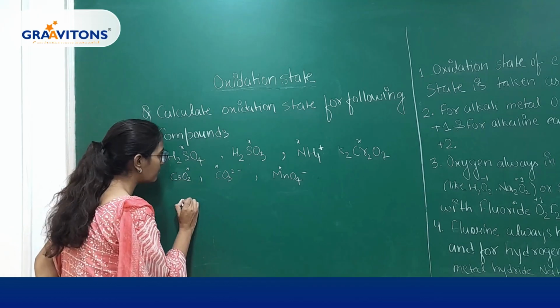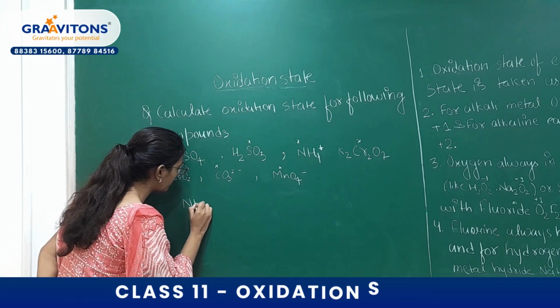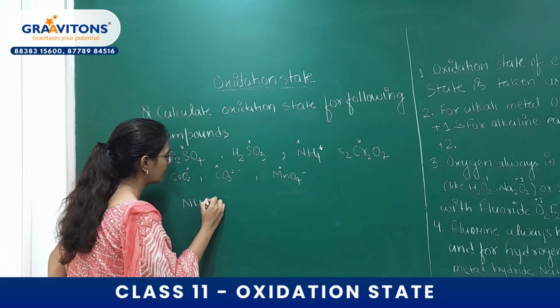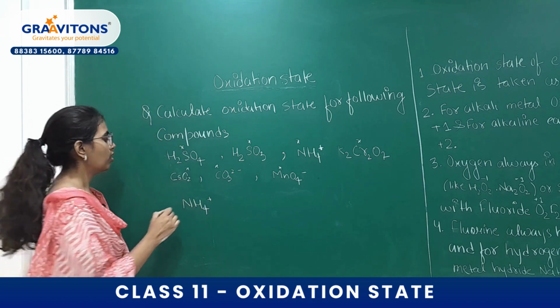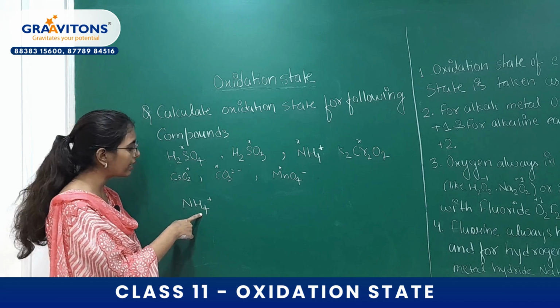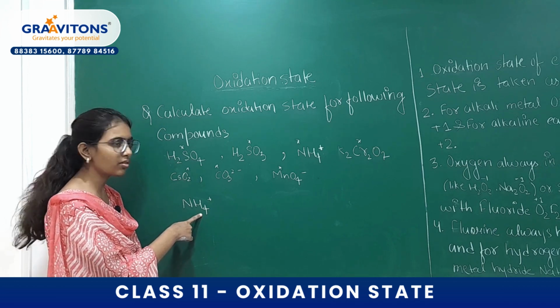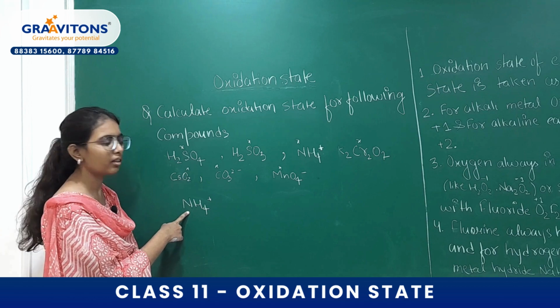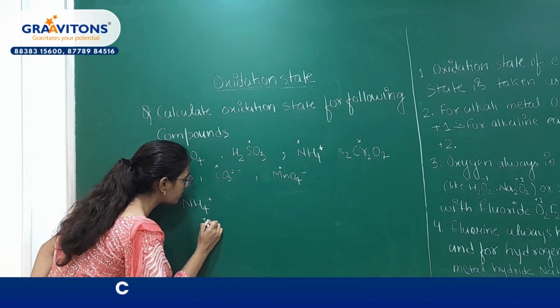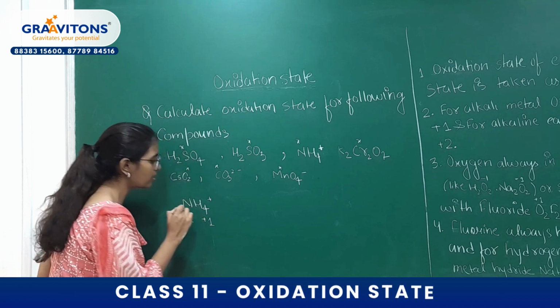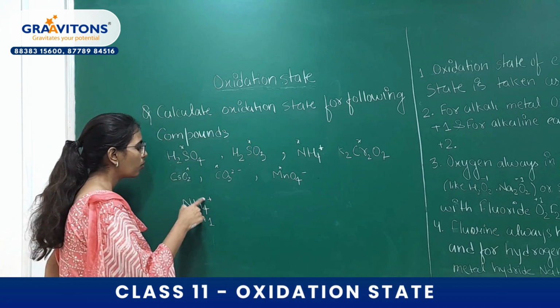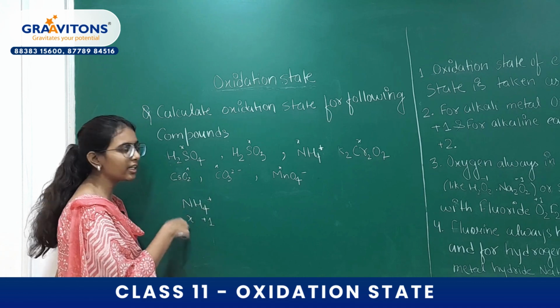Okay. Check for the NH4 plus. Hydrogen, only in case of metal hydride it is minus 1, otherwise always plus 1. It is not a metal, so hydrogen is plus 1. We don't know for nitrogen. Let the nitrogen be X. It is not a neutral compound, it is a cationic compound.